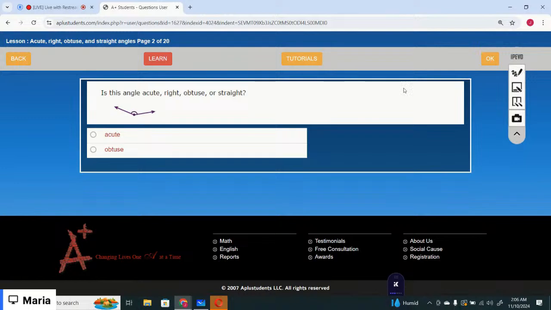So the correct option is yes, obtuse it is. Option number 2 is the correct option. Very good.